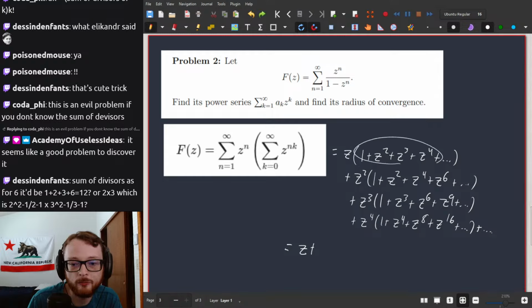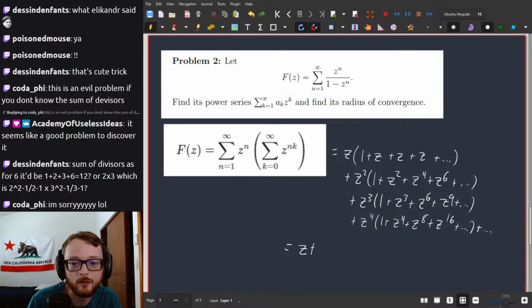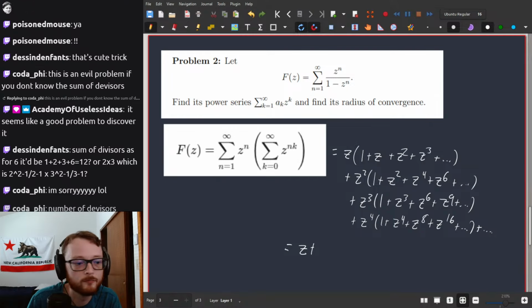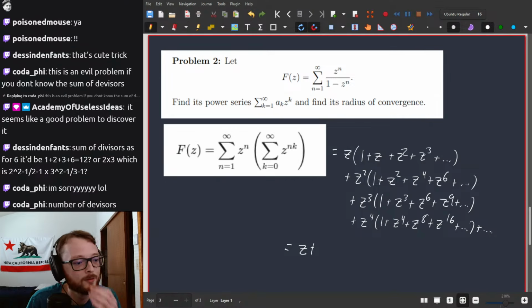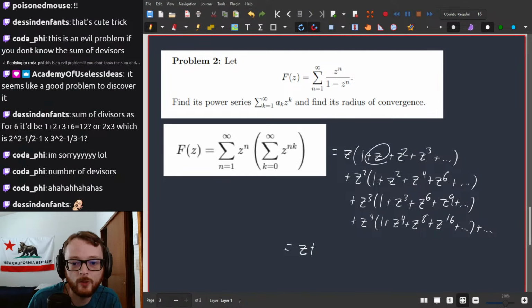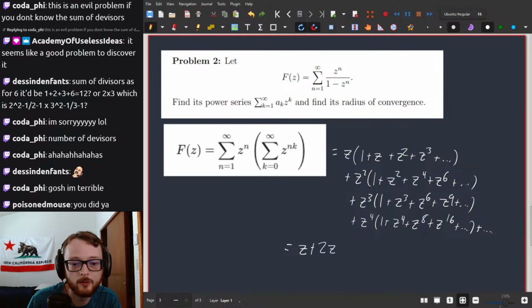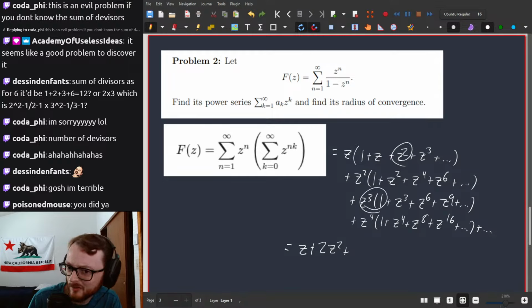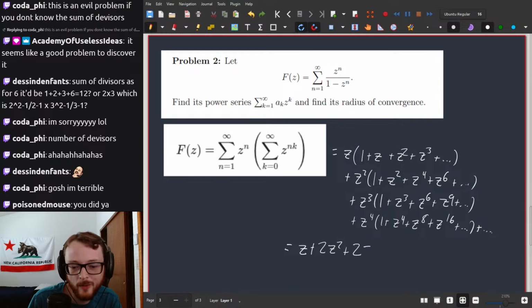Did I skip over a power of z here? I must have. So 1 z squared, 2 z squared. Z cubed, and that's all? Oh no, that's not good.